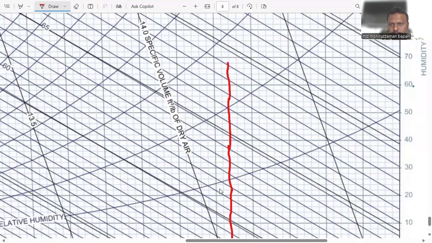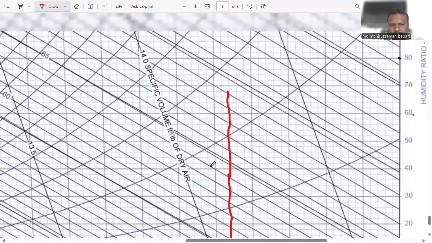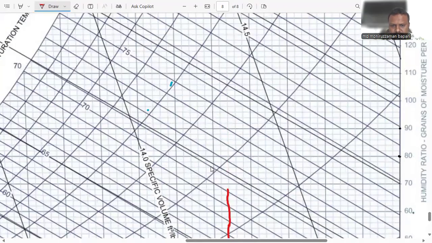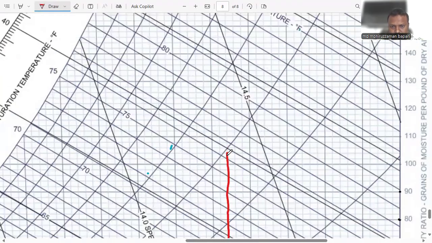You can use software, but I insist in the learning phase, please try to do it manually. Try to do it as many times as possible so that you are very familiar with the psychrometric chart. The psychrometric chart is actually very important for the whole journey.